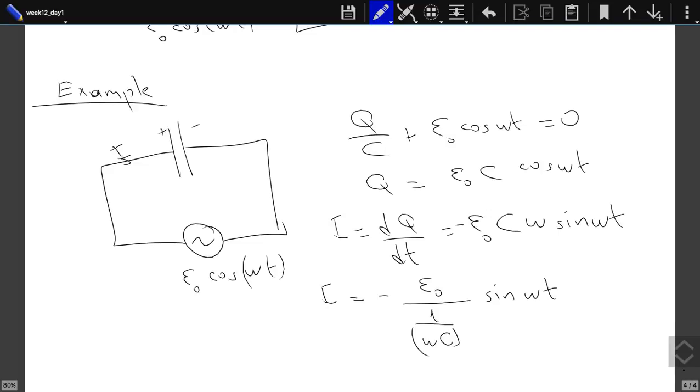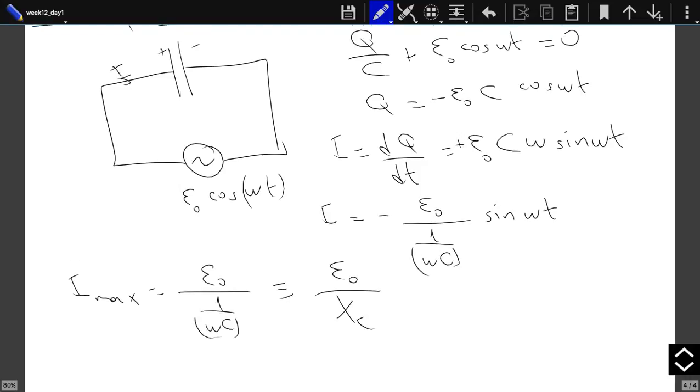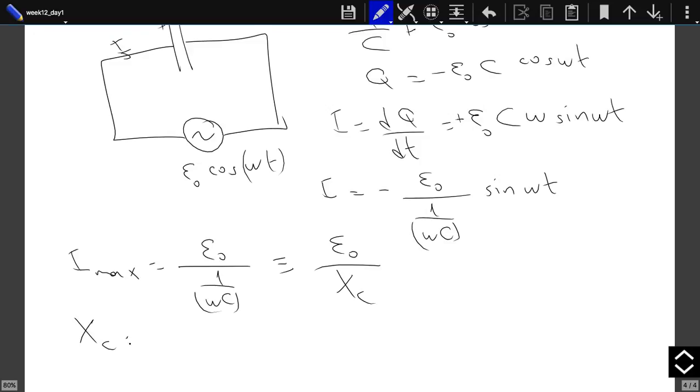Isn't there again a minus sign? Now this time I max, the maximum current, is epsilon 0 over 1 over omega C, which is usually written as epsilon 0 over Xc. Xc is the capacitive impedance.